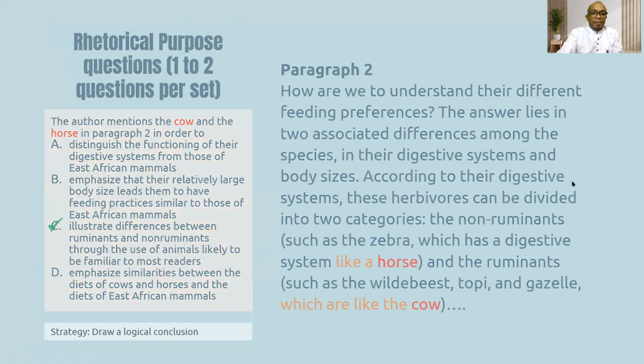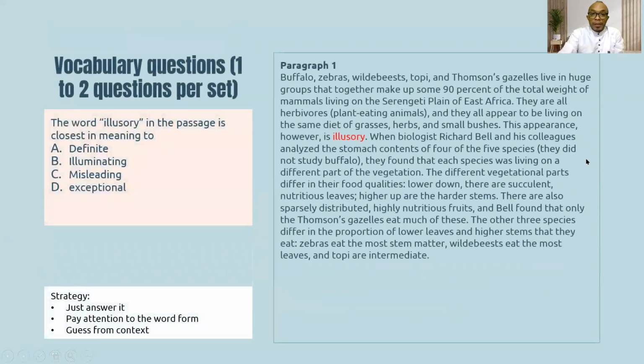Okay, moving on to vocabulary questions. And this one is pretty straightforward, as we discussed when we talked about the strategy. So what you need to do is simply answer it, if you happen to be familiar with or know the meaning of the word. Now, if you have no idea what the word means, then pay attention to the word form.